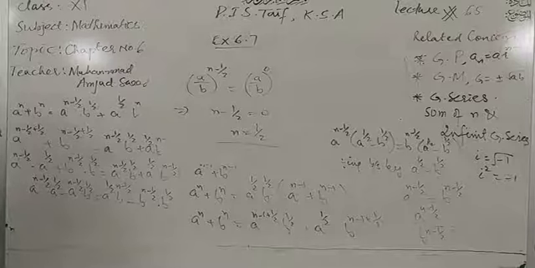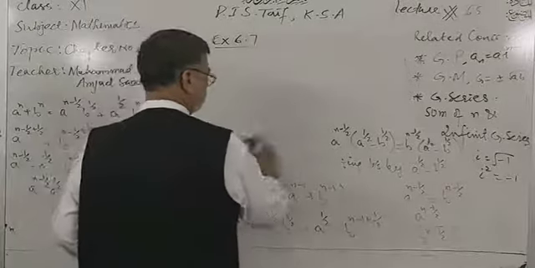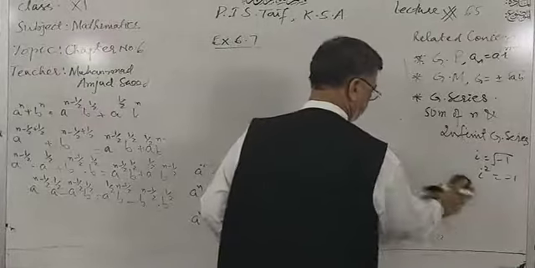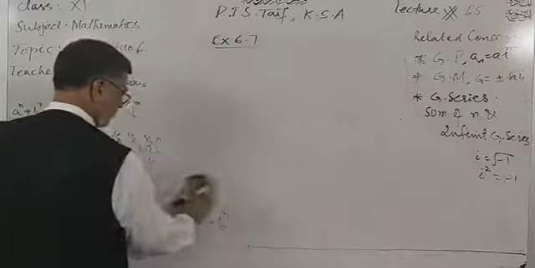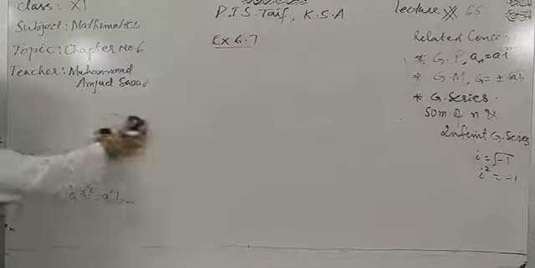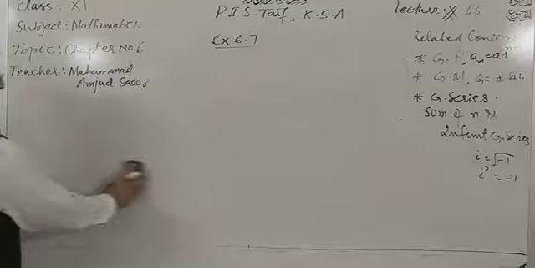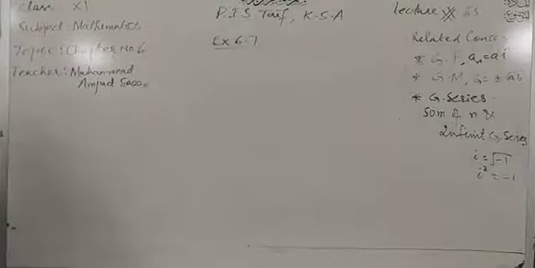I am taking question number 8. They are similar. Question number 8: the arithmetic mean between two numbers is 5.